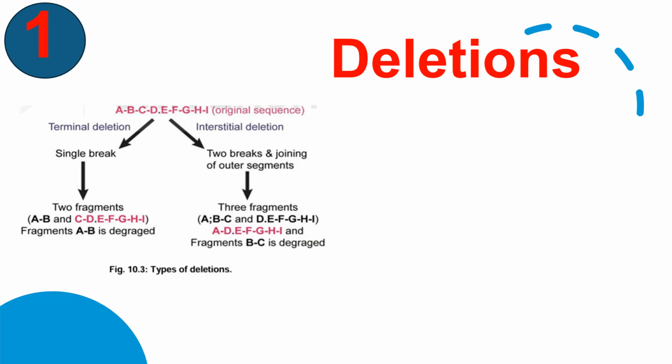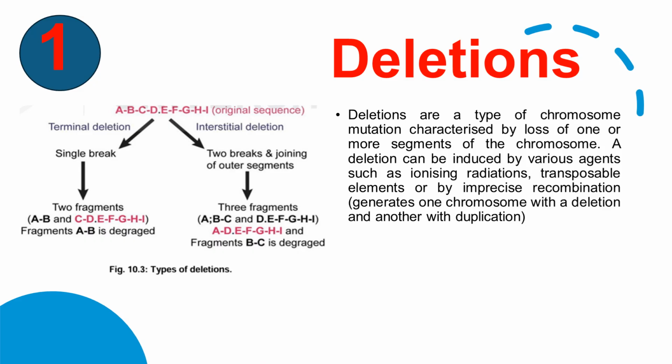Deletions. Deletions are a type of chromosome mutation characterized by loss of one or more segments of the chromosome. A deletion can be induced by various agents such as ionizing radiations, transposable elements, or by imprecise recombination, which generates one chromosome with a deletion and another with duplication.